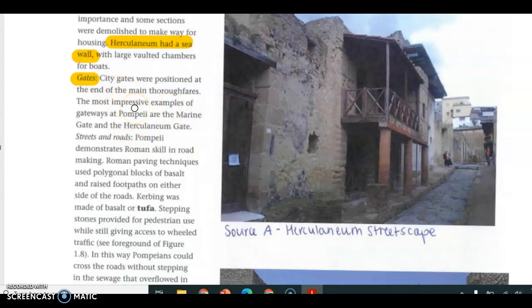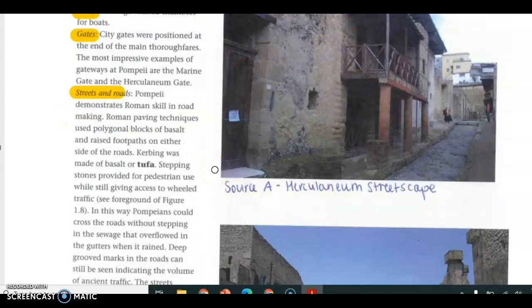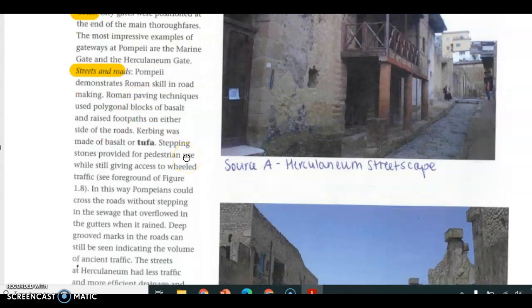Streets and roads in Pompeii show how advanced they were for the time. It shows that Romans were quite skilled in this area. They had paving techniques where they used blocks that were raised, almost like making a footpath. You can see it in this picture here. This main part of the road's here, and then there's a raised curb.